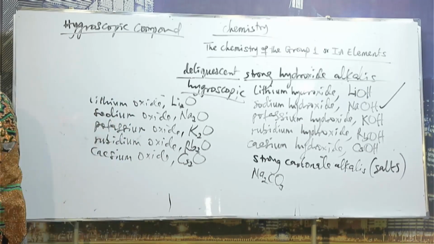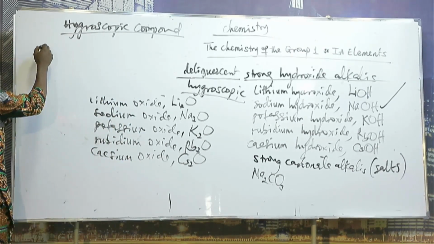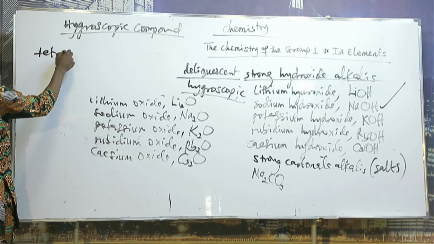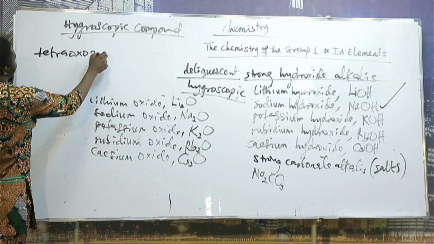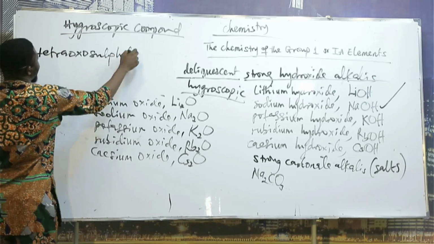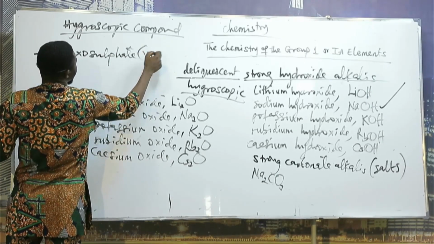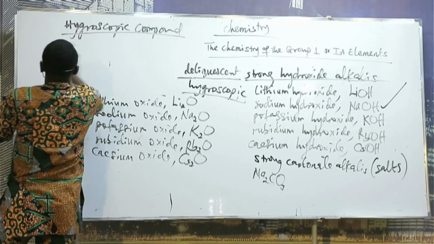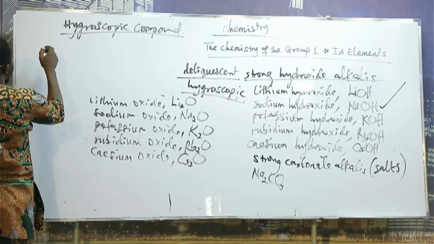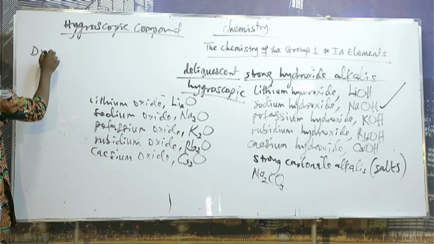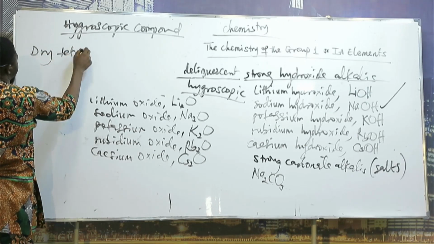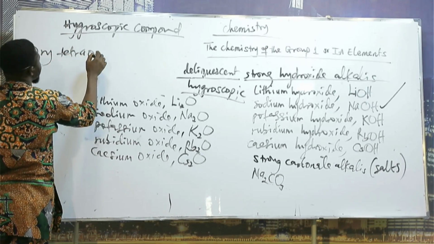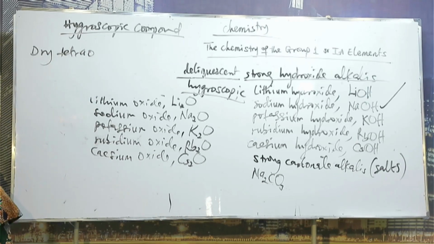Now look at this. There is an acid called tetraoxosulfate (VI) acid, sulfuric acid. Do you know about it? Is it a liquid or not? Look up dry, or you can say anhydrous, sulfuric acid.